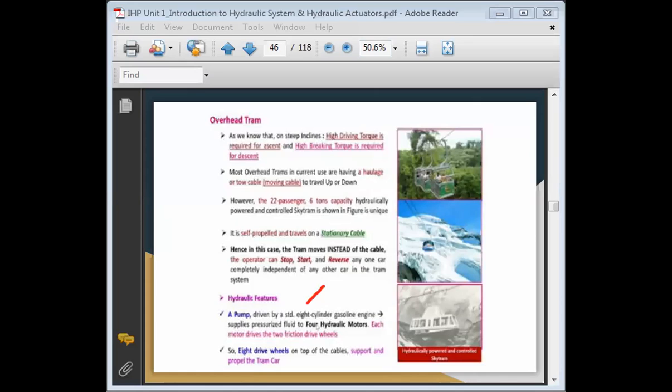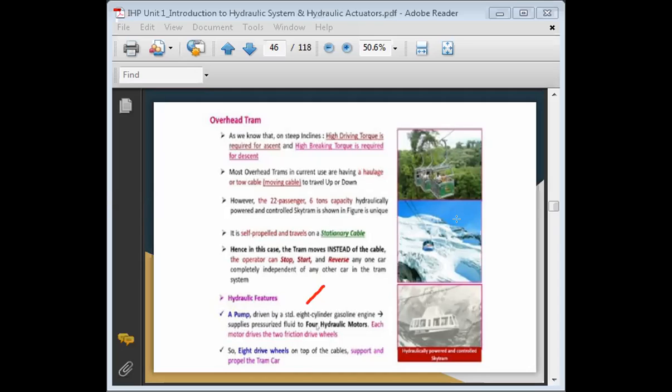This overhead tram is used in hill stations. As you can see in the second picture, a steep incline requires high driving torque and also high braking torque.